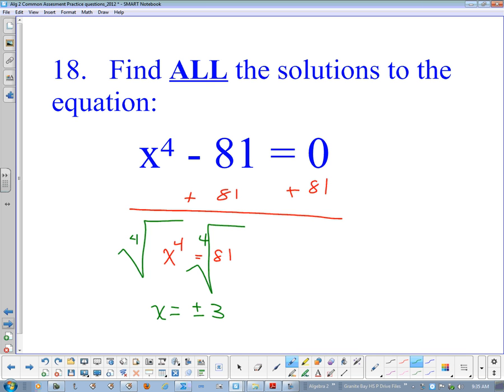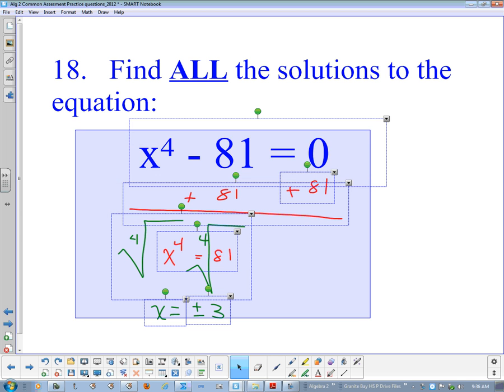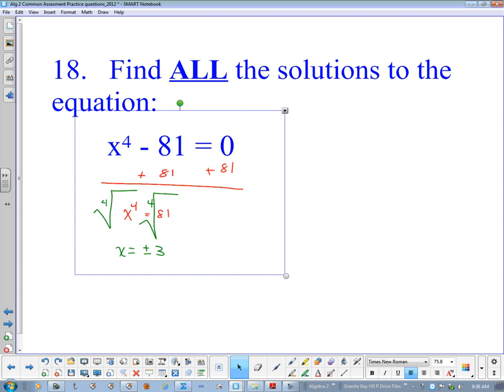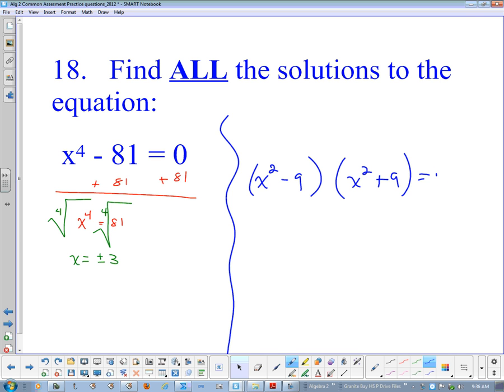Questions at all about that? Yes. So if I were to go through this the other way, I could break it down to x squared minus 9, times x squared plus 9, is equal to 0.